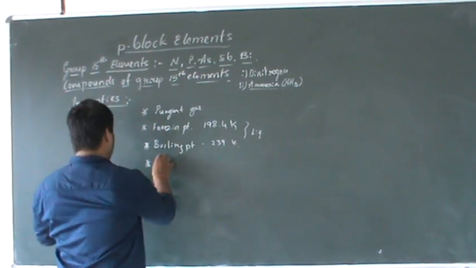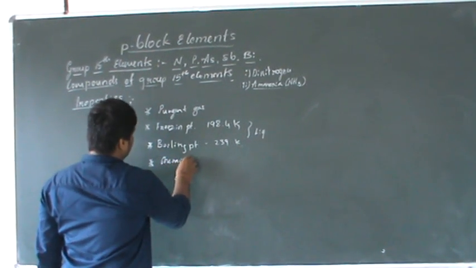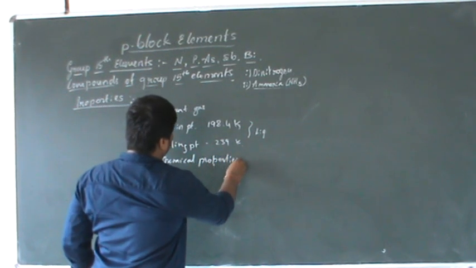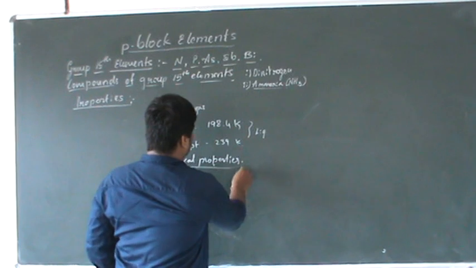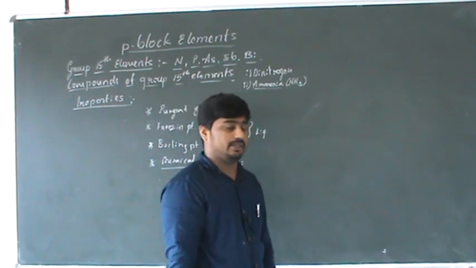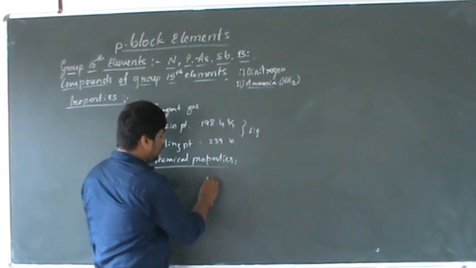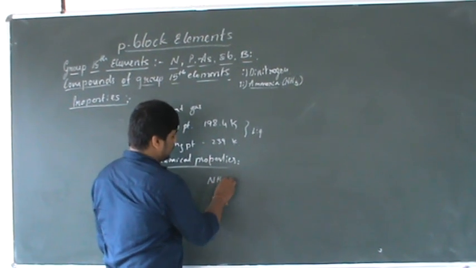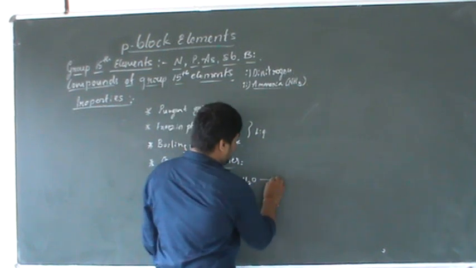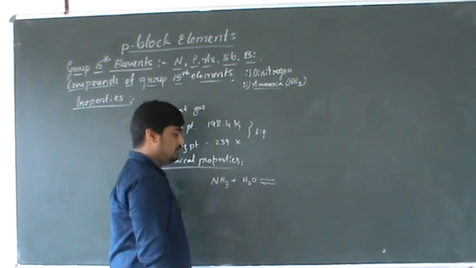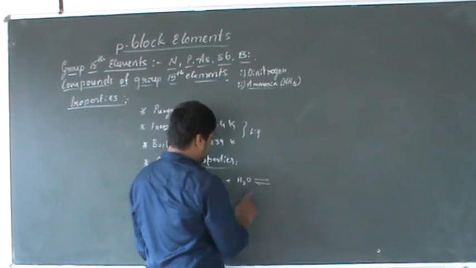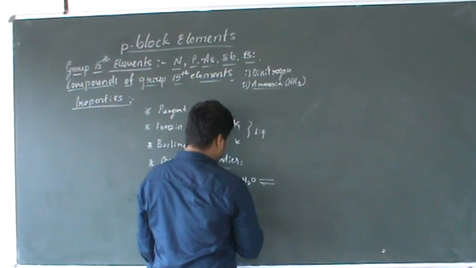Next, the chemical properties of ammonia. Ammonia is easily soluble in water, and when ammonia is dissolved in water, the reason is it acts as a base and gives OH minus.